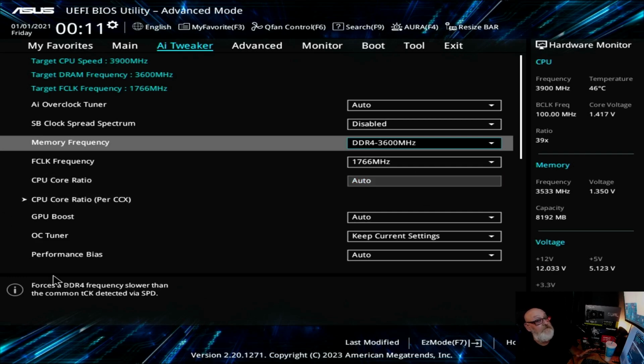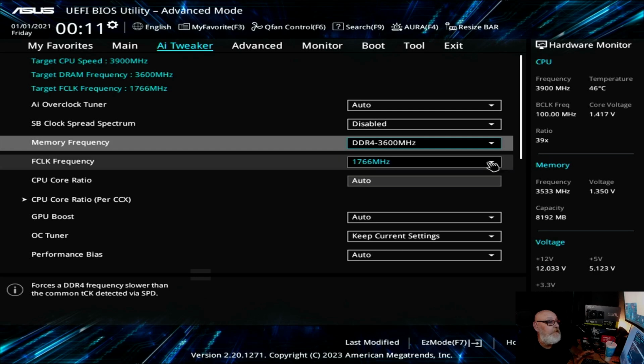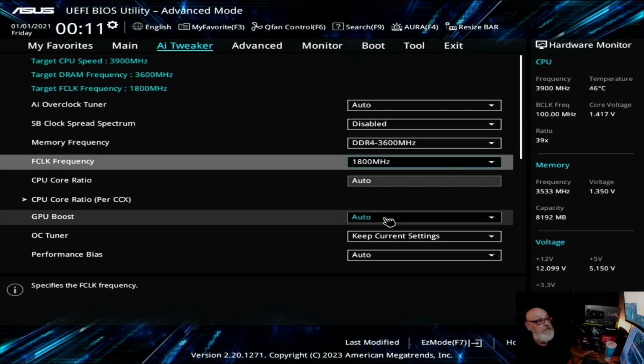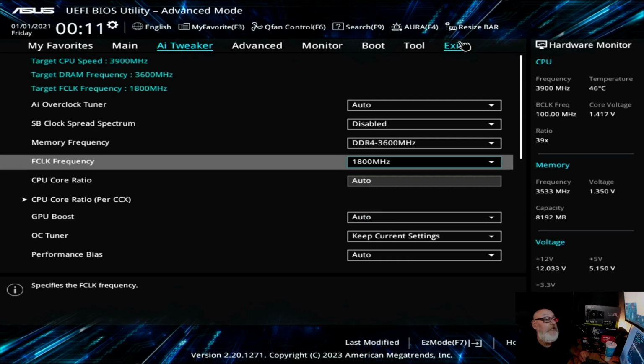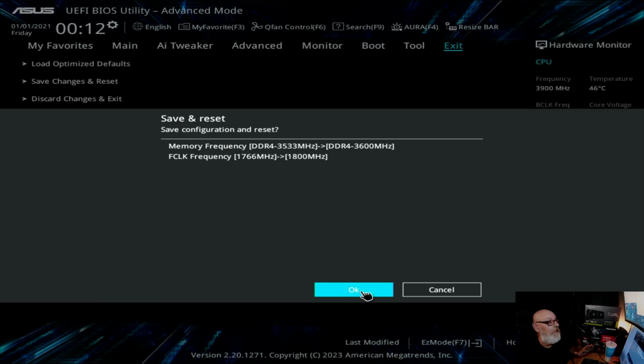So 3600 divided by 2, that'll give you your answer. 3600 divided by 2 should be 1800. Right here. I don't think we can push it past this. So let's find out if it's stable. Don't worry, we can reset the BIOS. It's not going to be a big deal. We'll hit save changes. And we're moving up in the world.